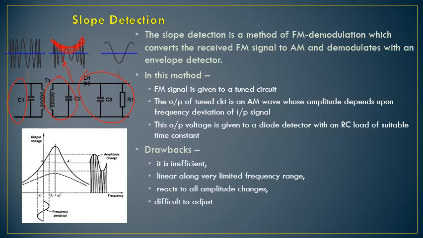If there is a vast difference between the input frequency coming from this side and the resonant frequency of this tuned circuit, it will produce less voltage. So the frequency at which this circuit is tuned is always higher than the highest frequency of FM. So the highest frequency of FM is what? Fc plus delta F. This is the maximum frequency which can be present in a frequency modulated signal. So the resonant frequency of this has to be a little bit more than Fc plus delta F, where it will give maximum voltage.